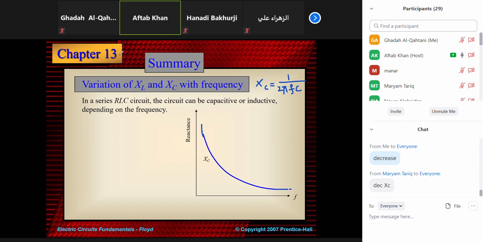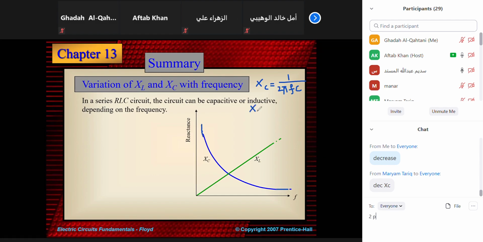Now this is about the XC, and look at the XL. For the XL it is 2 pi fL, sorry. So here we know that by increasing the frequency, the value of XL will increase. So that's why it is a linear relationship, right? So this is for XL, this is for XC, right?